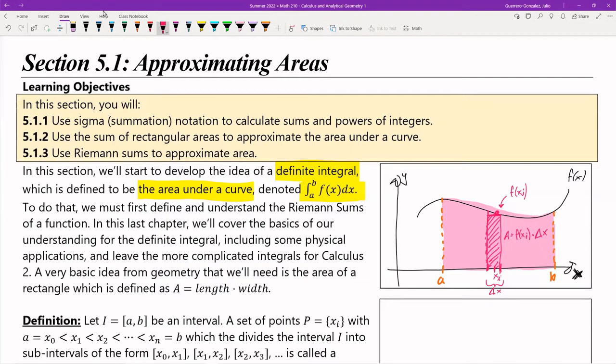It's the length times the height. That's simple, right? And if we do this over and over and over again underneath the curve, we'll get a nice representation for our area, okay? So that's the only big thing I think we're going to need, that the area of a rectangle is just length times its width, or in this case, length times its height, right? Okay.